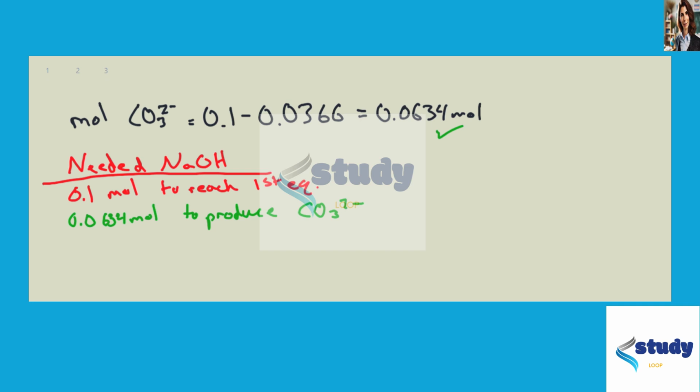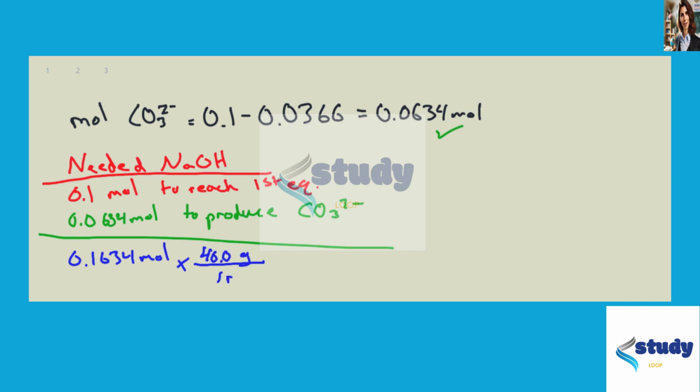So if we add these two up here, we get that we need 0.1634 moles of NaOH, and we're asked for the mass. So if we multiply by 40.0 grams over 1 mole, we get 6.54 grams of NaOH.